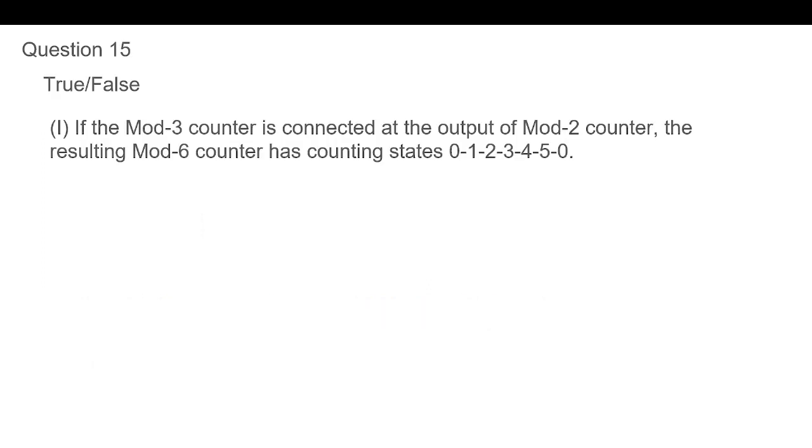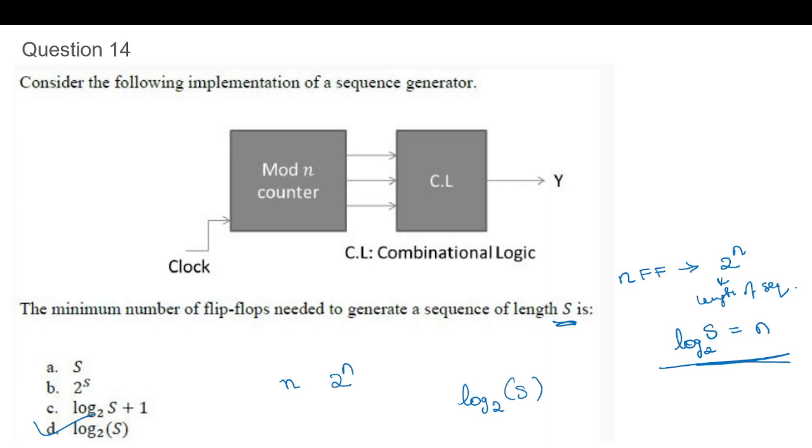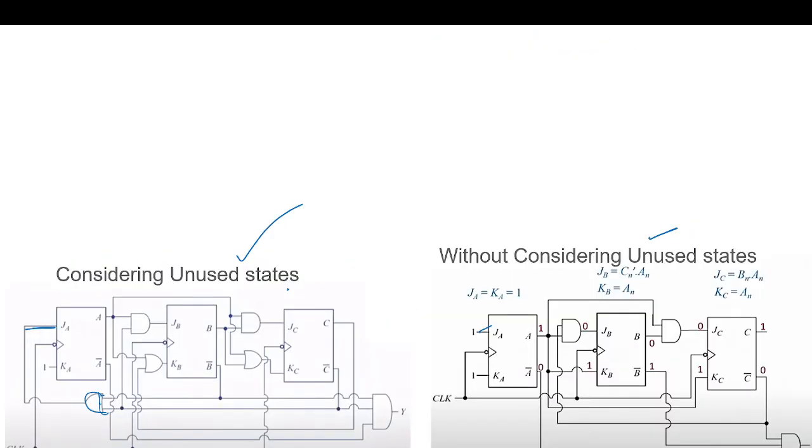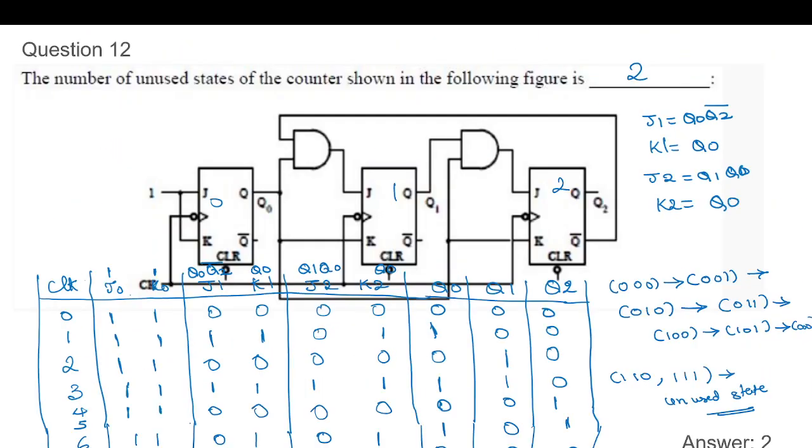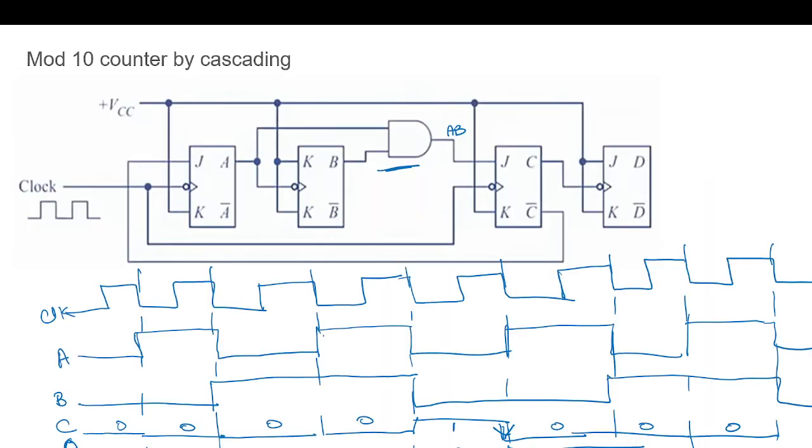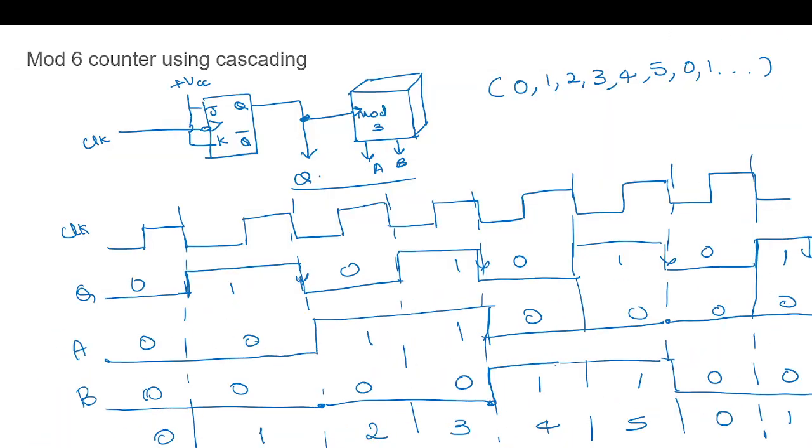Next question. If the mod 3 counter is connected on the output of mod 2, the resulting mod 6 has a counting sequence. So this we have already seen, when we connected the mod. This was the sequence, right? So we were getting 1, 2, 3, 4 when mod 3 was at the output.